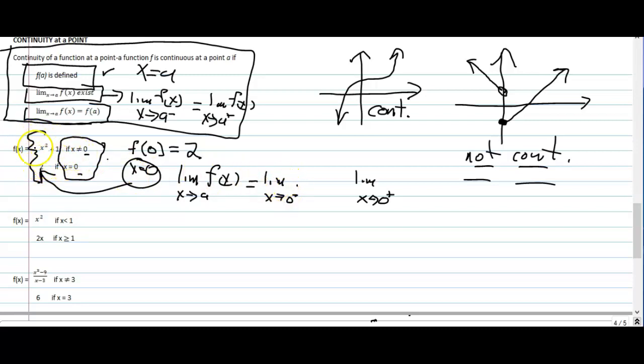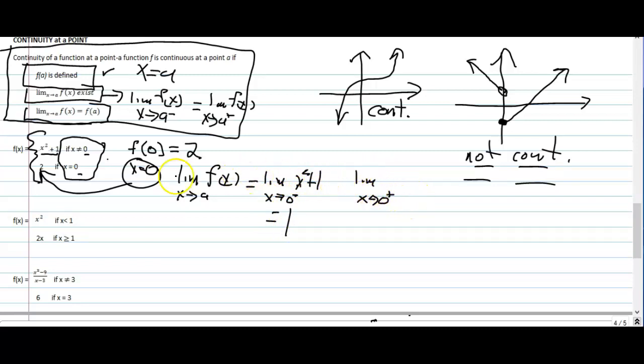Well, what is f of x if x approaches 0 from the left? That means x is a little bit less than 0, so the function takes on this value, x squared plus 1. And the limit of x squared plus 1 as x approaches 0 is equal to 1.